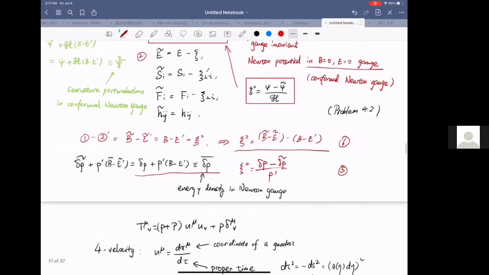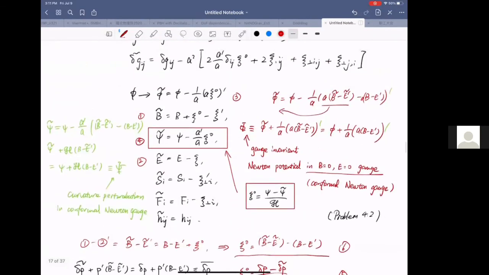I just want to show this. This doesn't change under the infinitesimal gauge transformation we have imposed, and this is because it is already in the TT gauge. So this is the leading order.